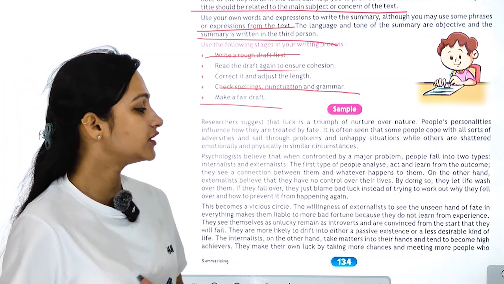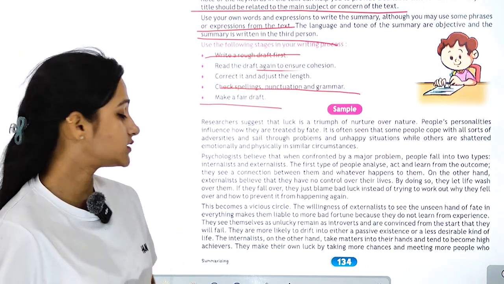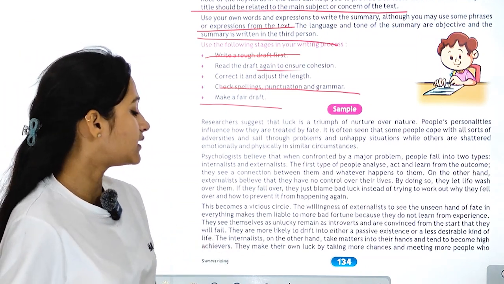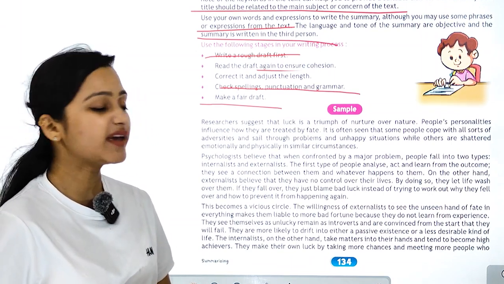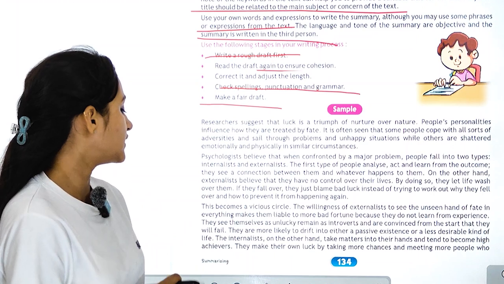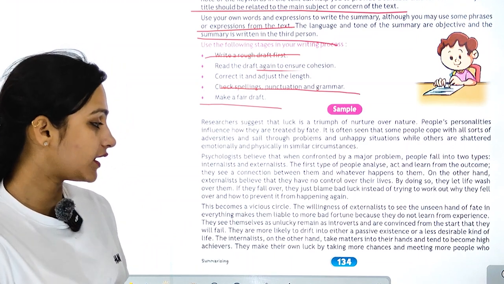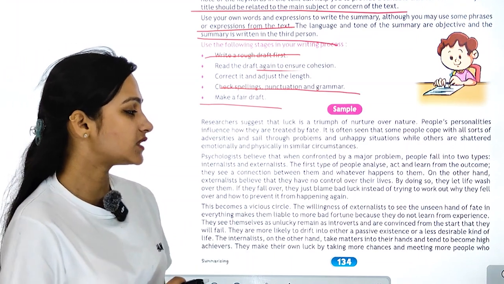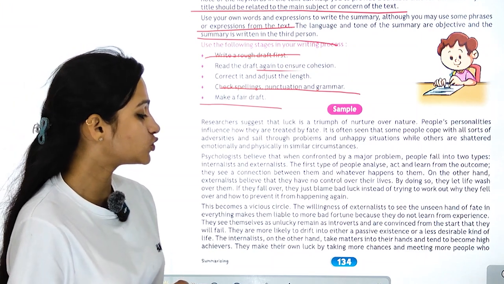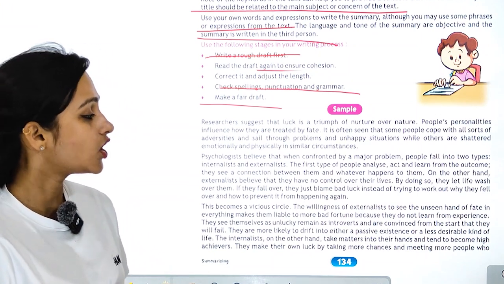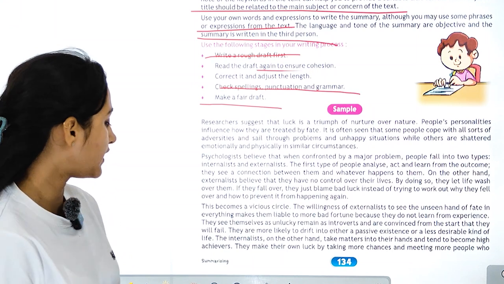The willingness of externalists to see the unseen hand of fate in everything makes them liable to more bad fortune because they do not learn from experience. So they see themselves as unlucky, remain introverts, and are convinced from the start that they will fail. They are more likely to drift into either a passive existence or a less desirable kind of life.